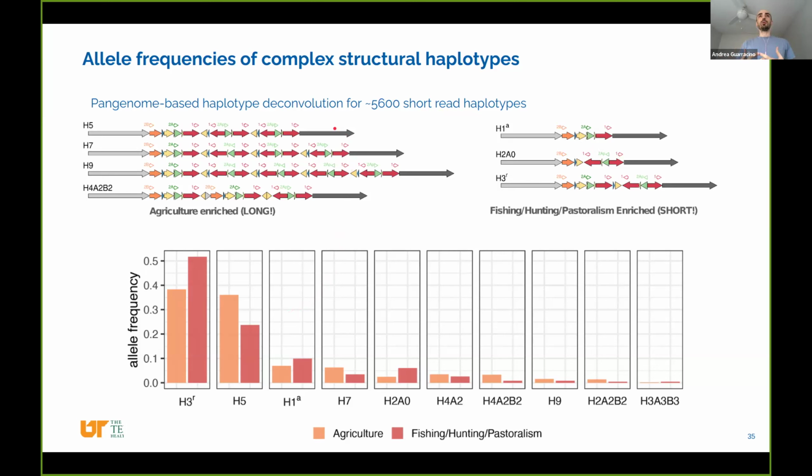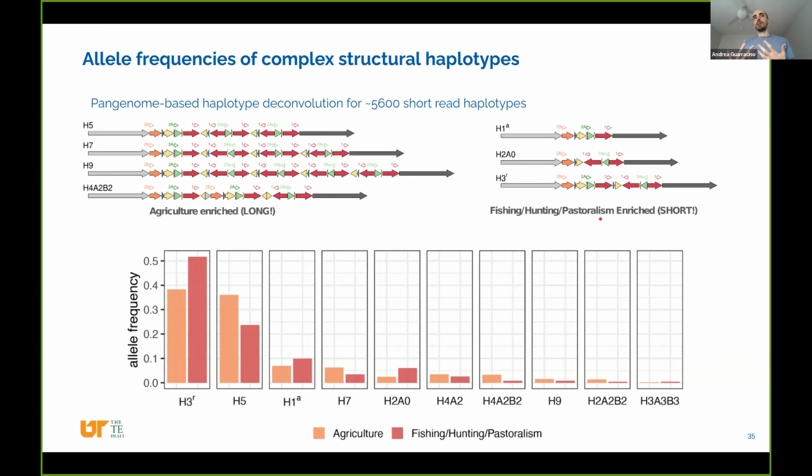And we were able to see which structural configurations are enriched in agriculture-based populations, with respect to the other haplotypes that are enriched in fishing, hunting, pastoralism-based populations.